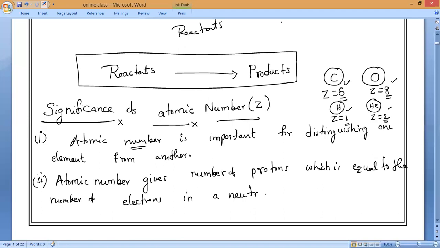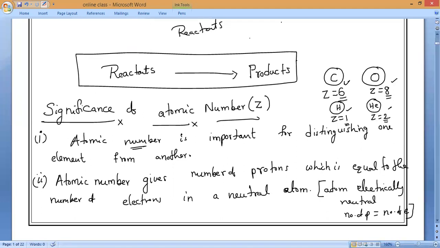That is why atoms are electrically neutral, because the number of protons is equal to the number of electrons. Yes or no? That is what you have to remember.